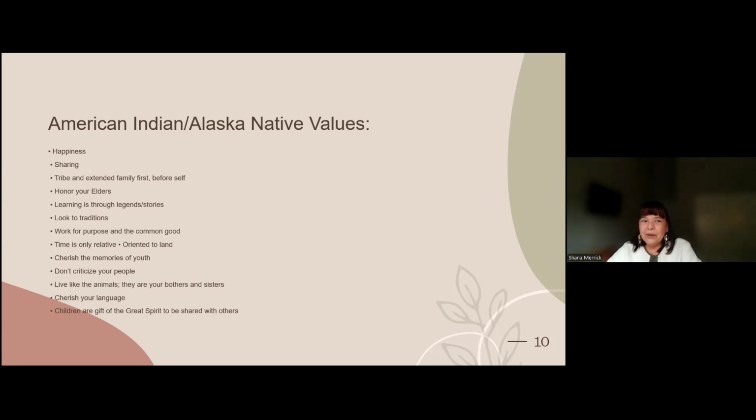Cherishing memories with youth. Animals are considered like relatives. Like for Omaha, the Buffalo. I'm from the Buffalo clan. Traditionally, if they were buffalo hunting, the tribe would truly use every part of the buffalo, and they would offer something in return to the land.